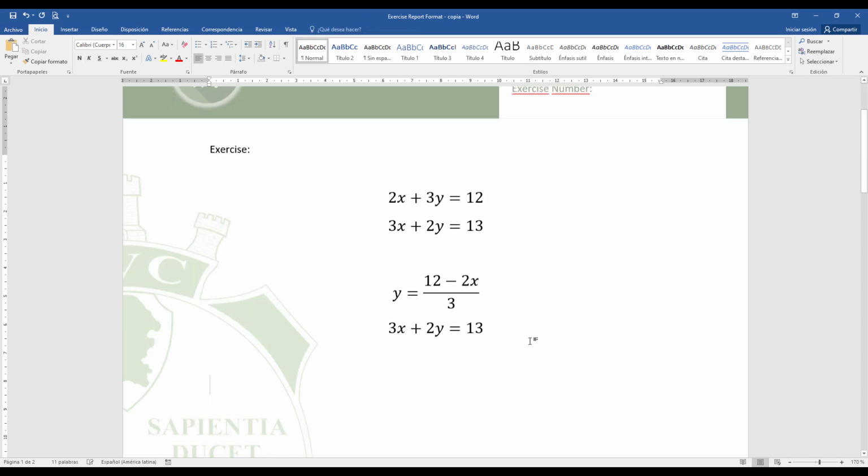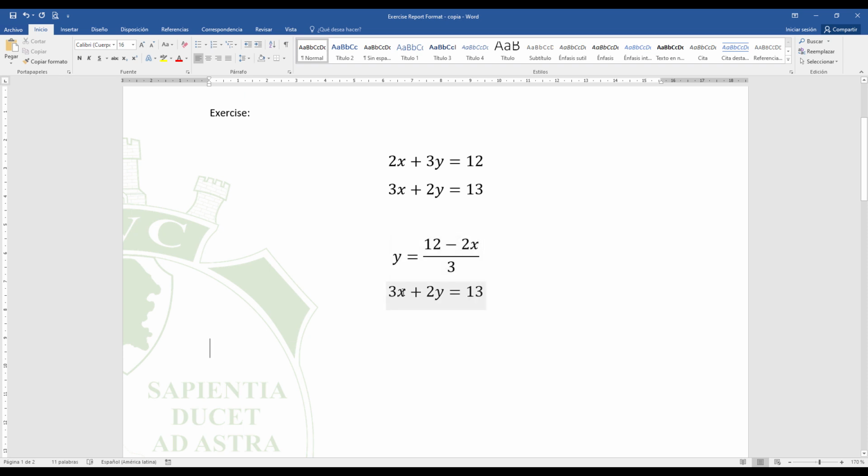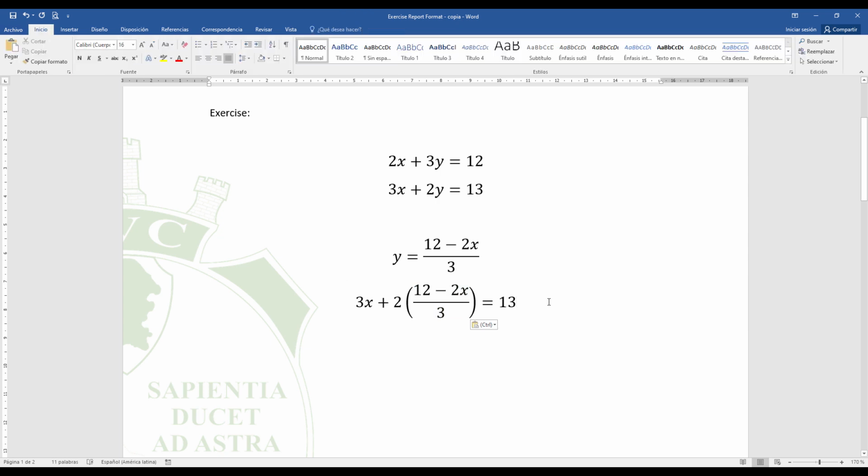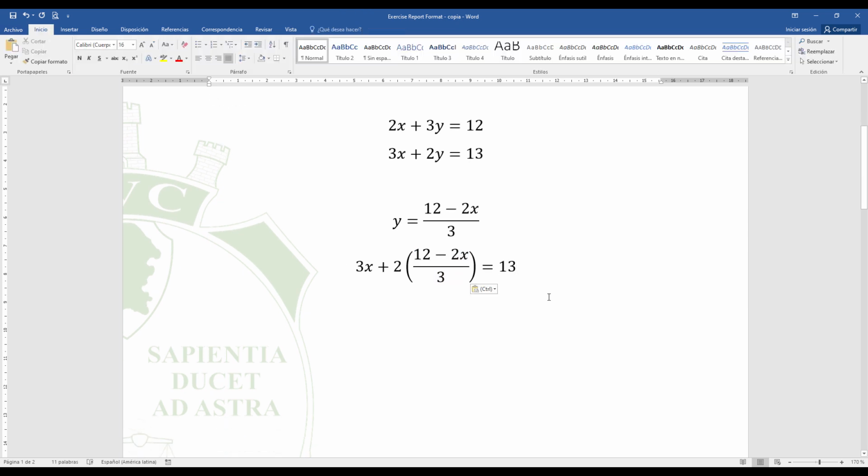Now here I will copy that, and I replace that. For example, I will use parentheses here. So you need to do the operation indicated.